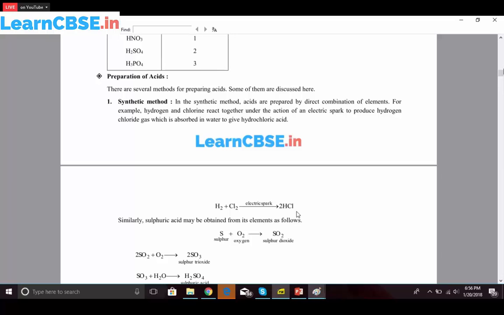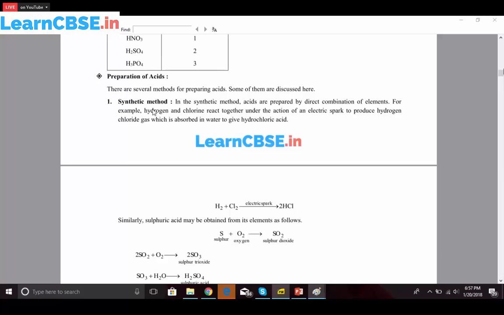Hydrogen gas is reacted with chlorine gas under the action of an electric spark. It will produce HCl gas. Once it is produced as a gas and comes out of the reaction, we immediately dissolve it in water and it produces hydrochloric acid.